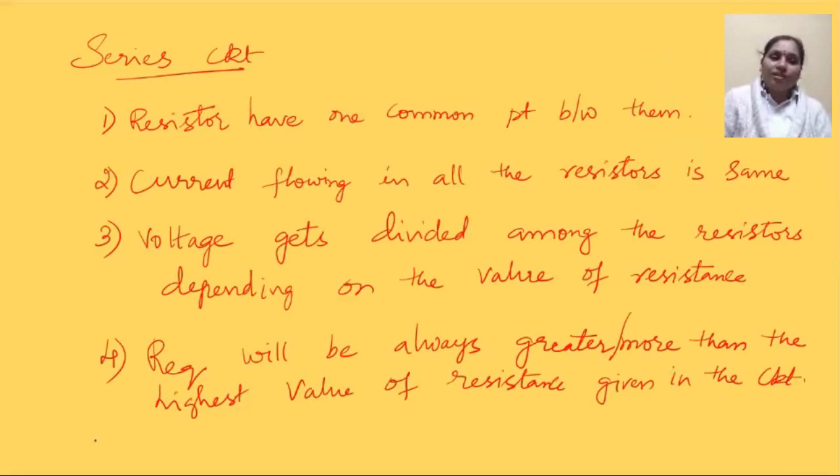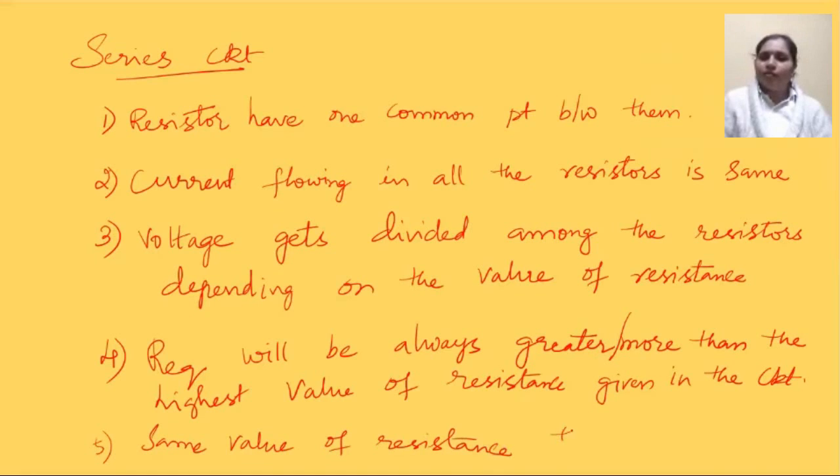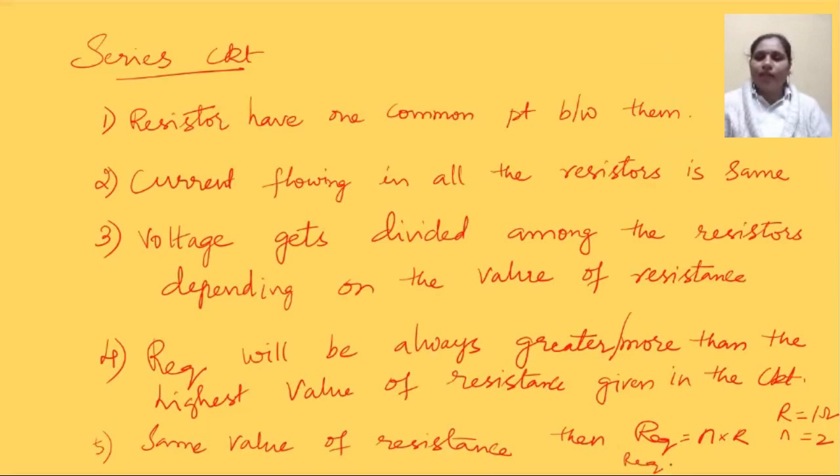And if there are resistances of the same value, then R equivalent equals n times R. That means if the resistance R is, for example, 1 ohm and the number of resistances is 2, two resistances of 1 ohm, then R equivalent equals either 1 plus 1, which is 2, or 2 into 1, which is 2.